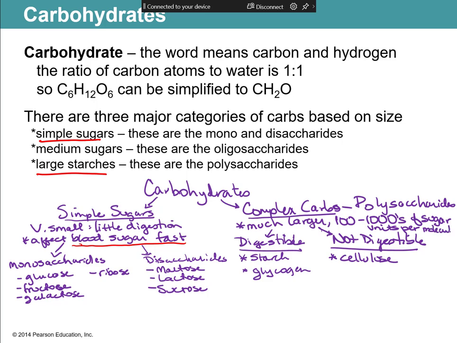In one molecule, you're talking about a huge, large complex compared to the simple. So they're really very different by size.